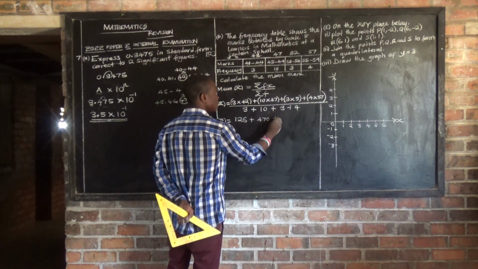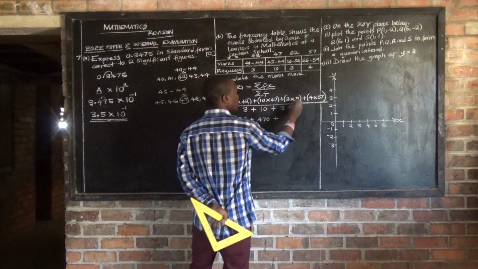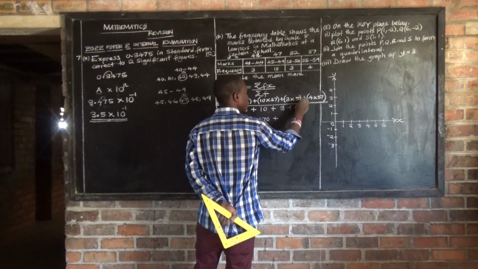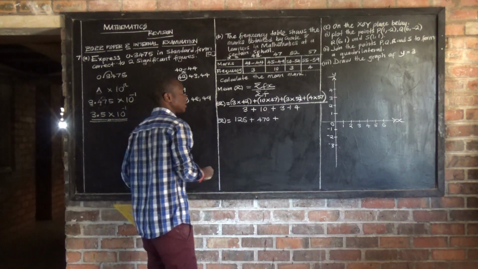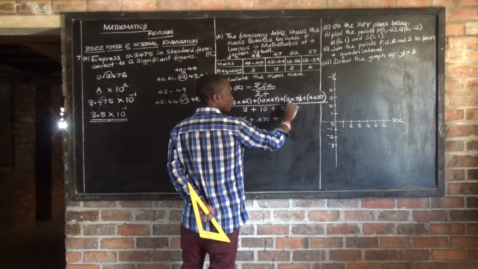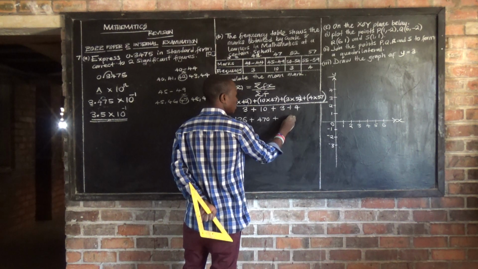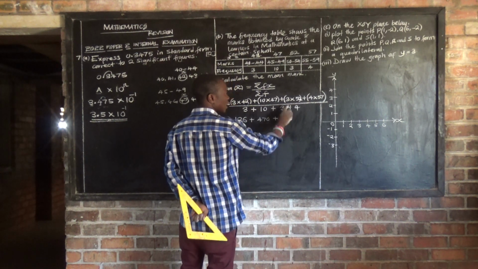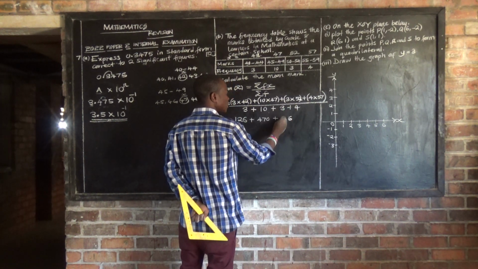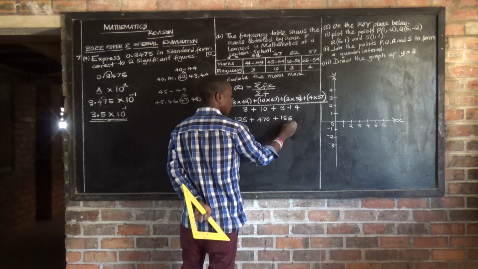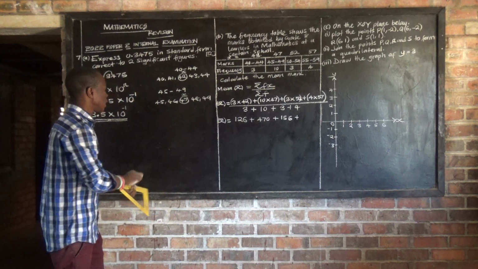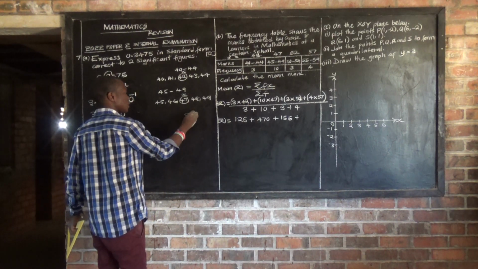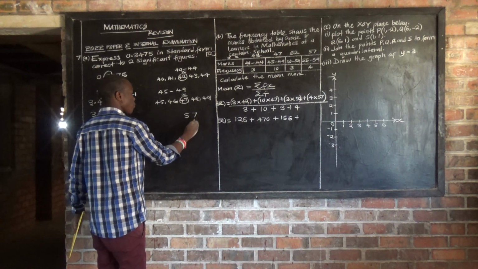Then the next one is 52, but check for me these figures. So here you can multiply: 2 times 3 is 6, then 3 times 5 is 15. Plus the last figure, it's 57 times 4.